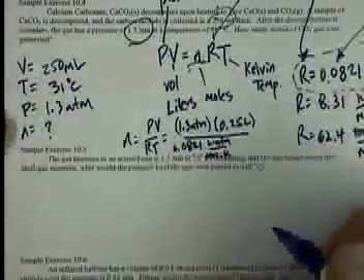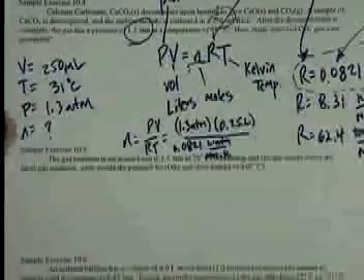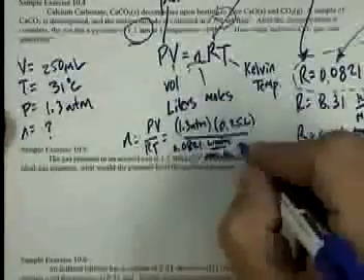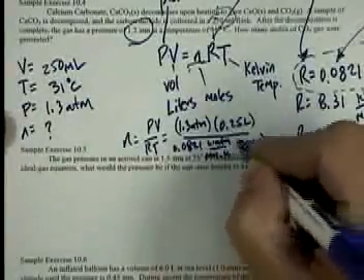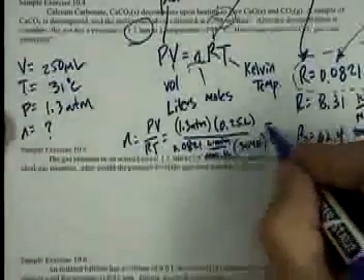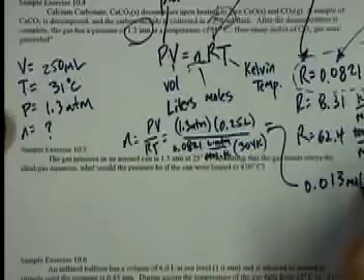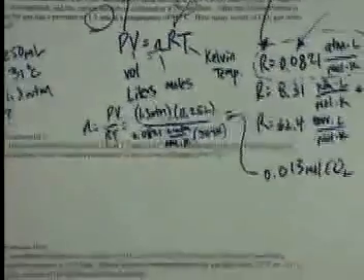And our temperature is 31 Celsius, which when you add 273 to it, because you want to convert it to Kelvin, is 304 Kelvin. Multiply the top, divide by the things on the bottom, and I believe you end up with 0.013 moles of CO2 that has been produced.